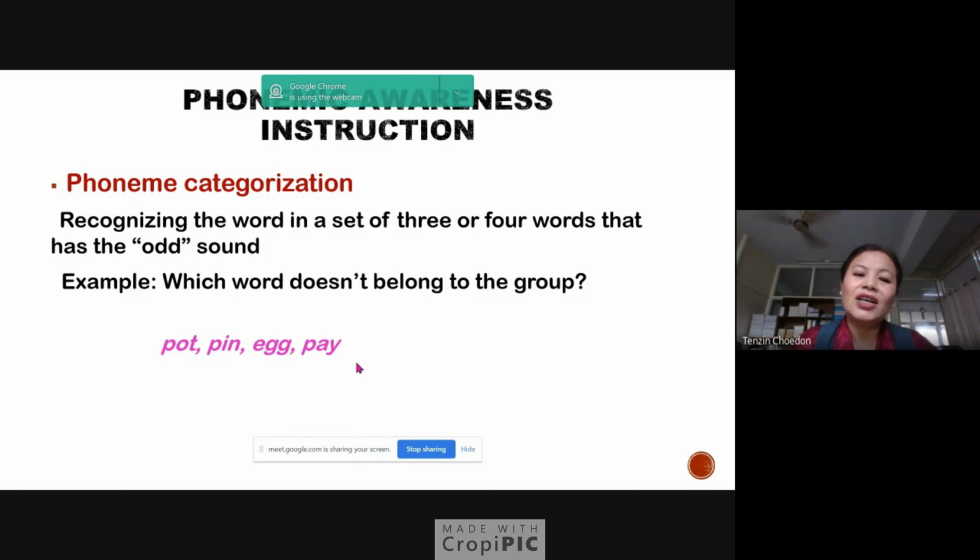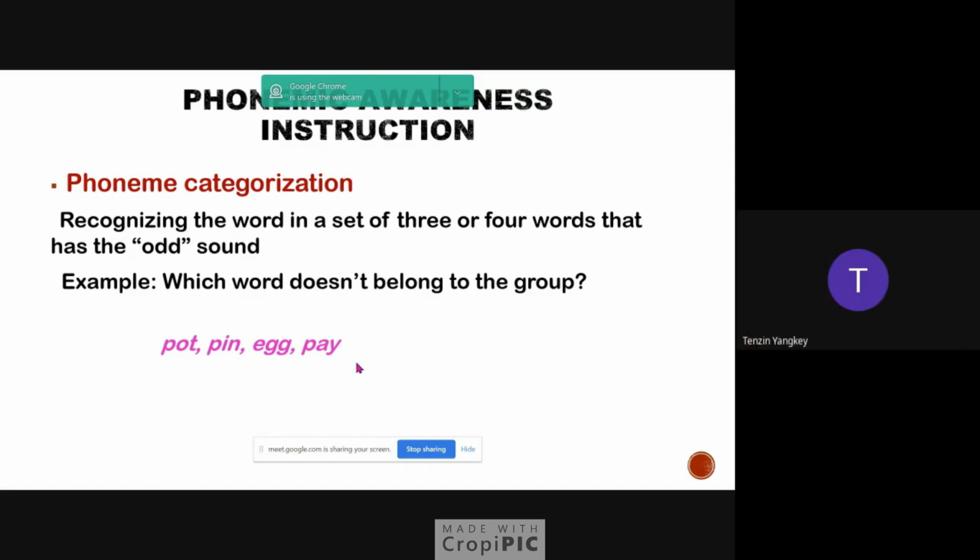Just say a group of 3 or 4 words, like we have this one here: pot, pin, egg, pay. And let us guess. Yes, who's going to volunteer?